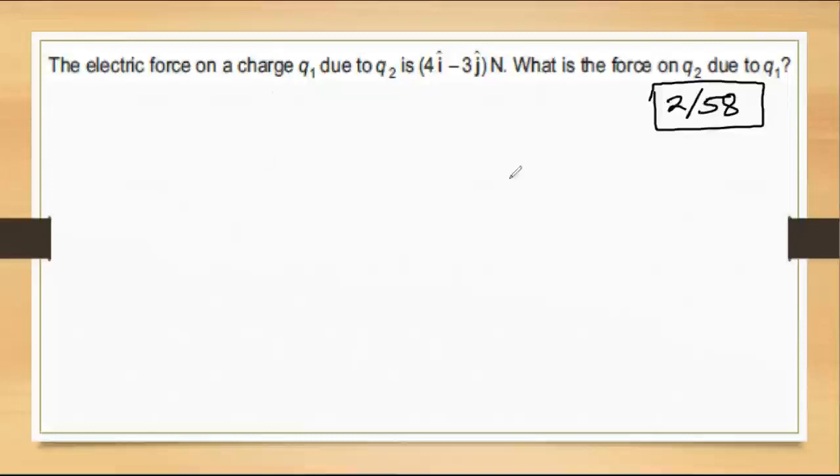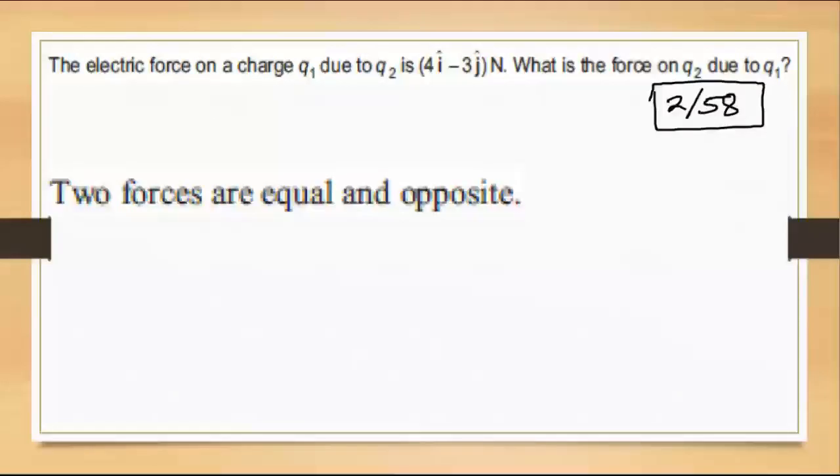Well, so it will be equal and opposite. So the answer will be what? Simply minus 4i plus 3j plus k.